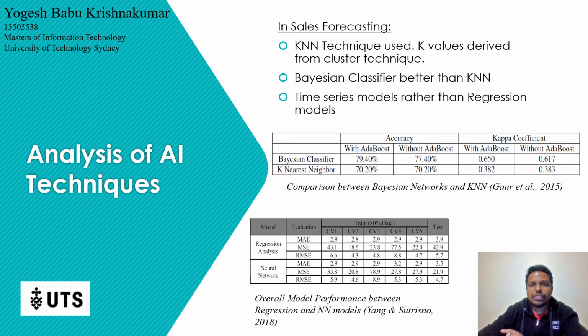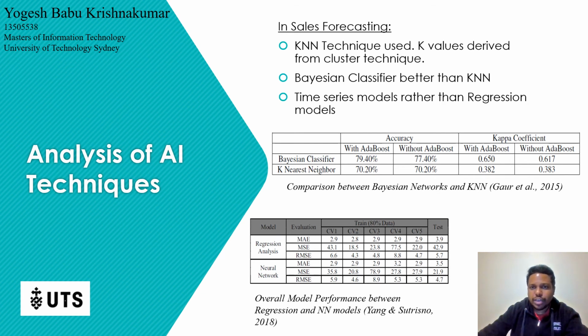For example, one of the results shows that we can use the centroid value from a clustering technique for the k value in the KNN algorithm. By using this, we can reduce the number of iterations needed to achieve high accuracy for the k value. Also, another research shows that the Bayesian classifier is better than KNN, both with and without using the AdaBoost technique.